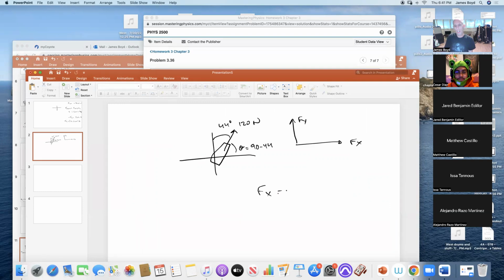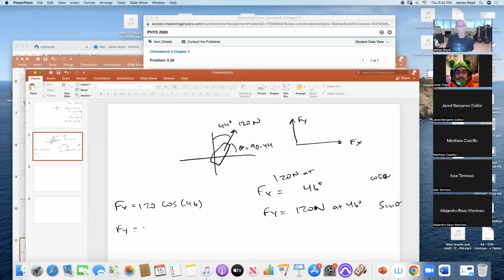So Fx is 120 newtons at 46 degrees. Fy is 120 newtons at 46 degrees, but this would be the cosine part, and this will be the sine part. So Fx is 120 cosine of 46.